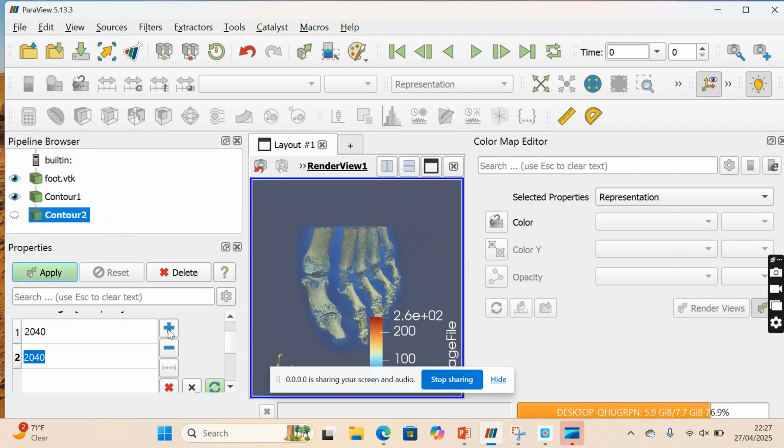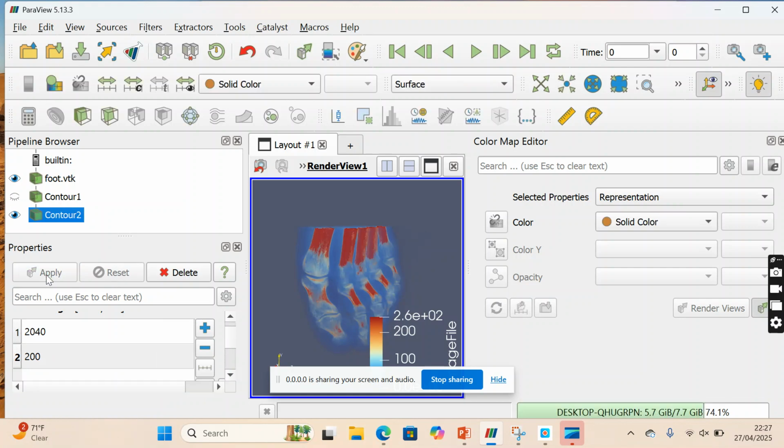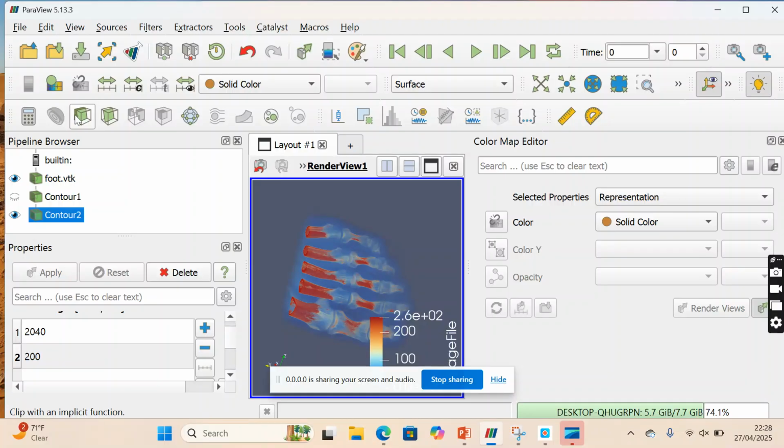Then the second one I give it 200. So I'll apply.